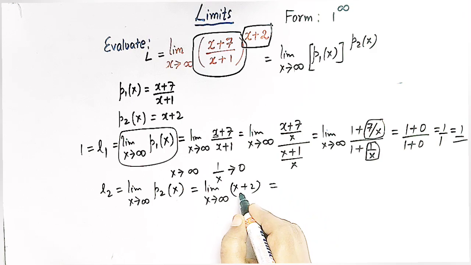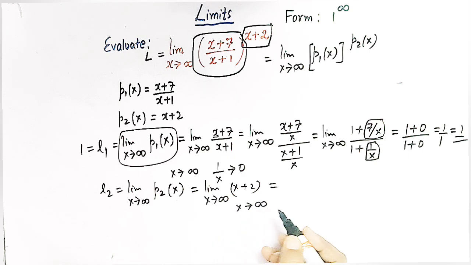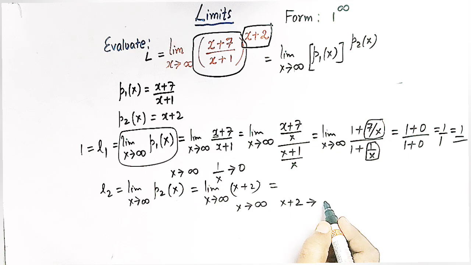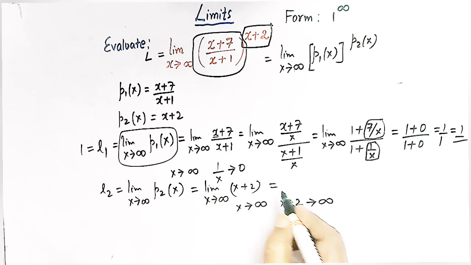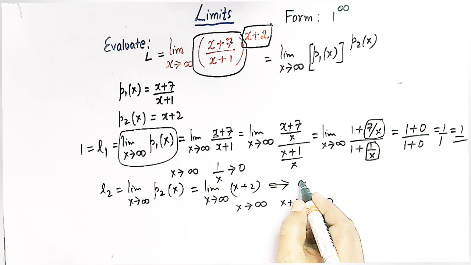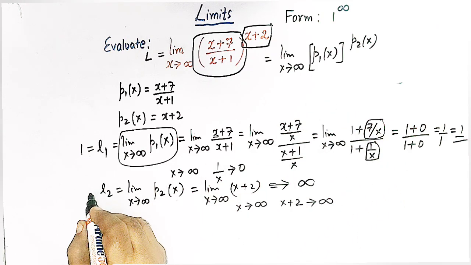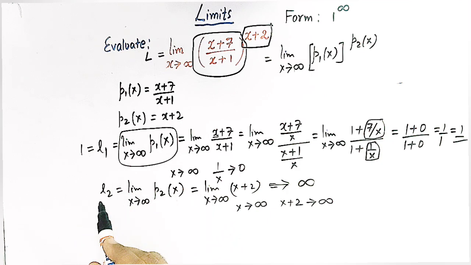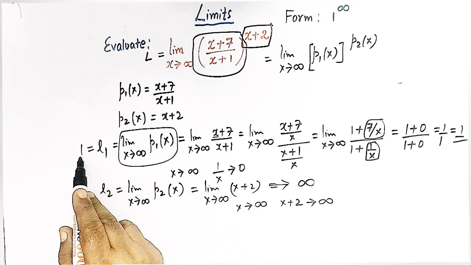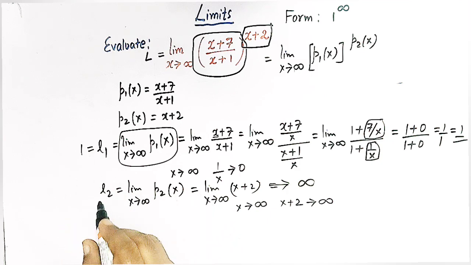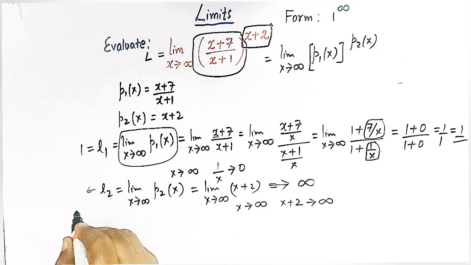Now this is a linear function. So when x approaches infinity, x plus 2 also tends to infinity. So this limit tends to infinity. From the values of L1 and L2, L1 has the value 1, and L2 approaches infinity.